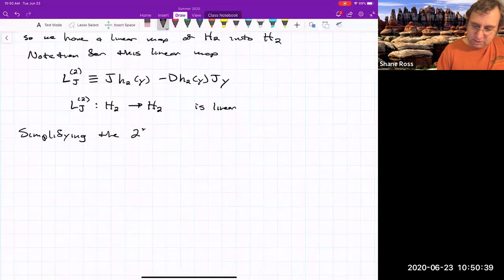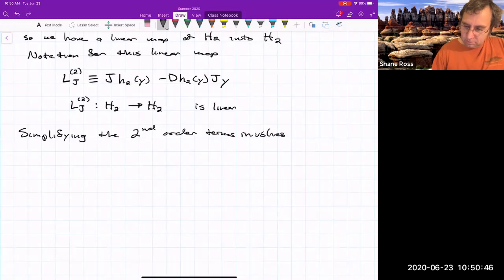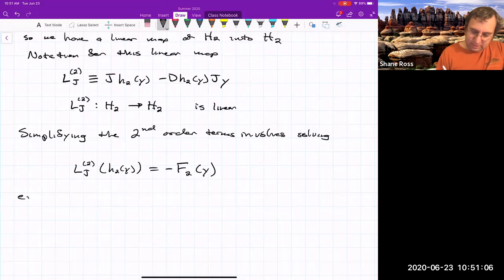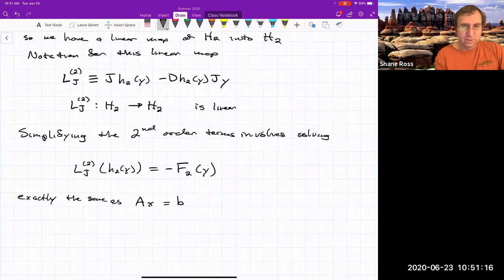Simplifying the second order terms involves solving LJ₂ of H2 of Y equals negative F2 Y. And this is exactly the same as AX equals B, which is a famous, well-known form for solving linear equations.